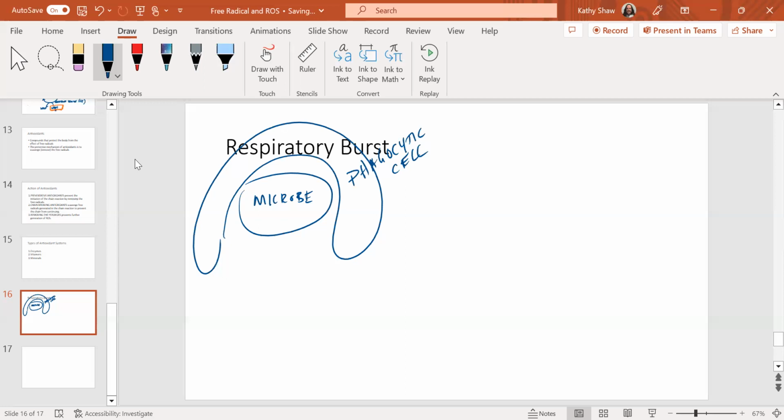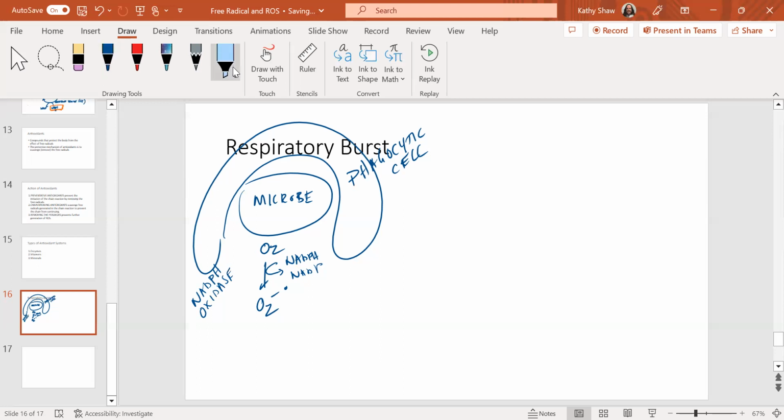So we're going to take our oxygen, and this is the respiratory burst part. We're going to take it to our reactive oxygen species. So we still have NADPH going to NADP, and NADPH oxidase is the enzyme that does that.